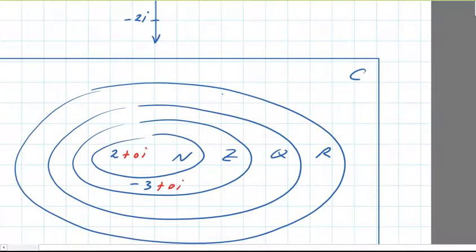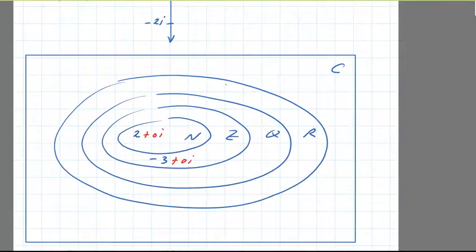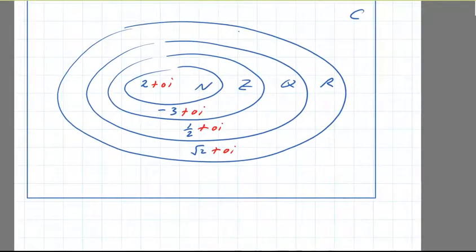So they all fit the definition. Every number so far still fits the definition of a complex number. And a half plus 0i, root 2 plus 0i, and finally, the numbers themselves, the complex numbers, 4 plus 3i, for example, or -2 plus 6i.